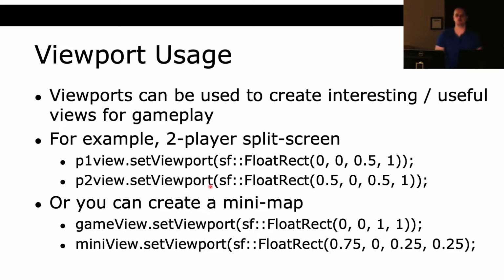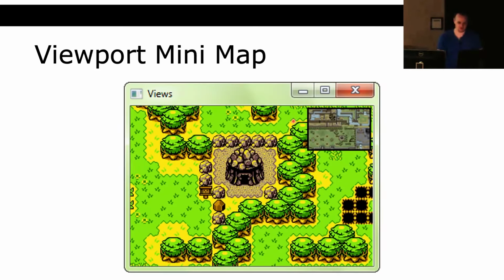All right, or what you could do is create maybe a mini-map view. So if you have a view which is defining a view of maybe the whole level, right? And then you could stick that in a viewport in your game, up in the top corner or down in the bottom corner, and then maybe have a little blinking light where the entity is, right? So you can have a mini-map view, and it would be cool if you had a mini-map view or something equivalent to that in your final project.